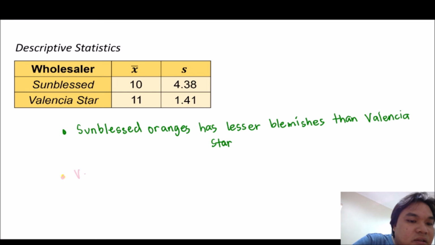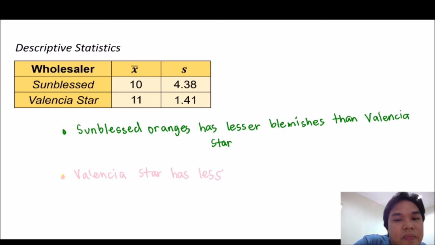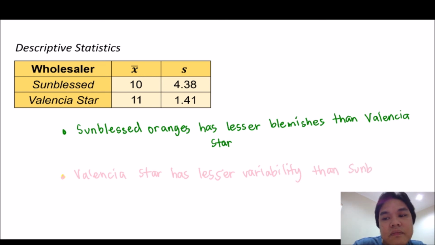Valencia Star has lesser variability than Sunblest. Okay, so that's it. That's how you interpret the descriptive statistics, the mean and the standard deviation.